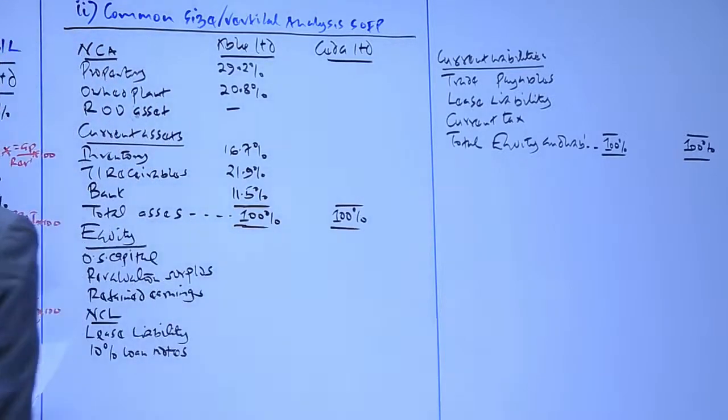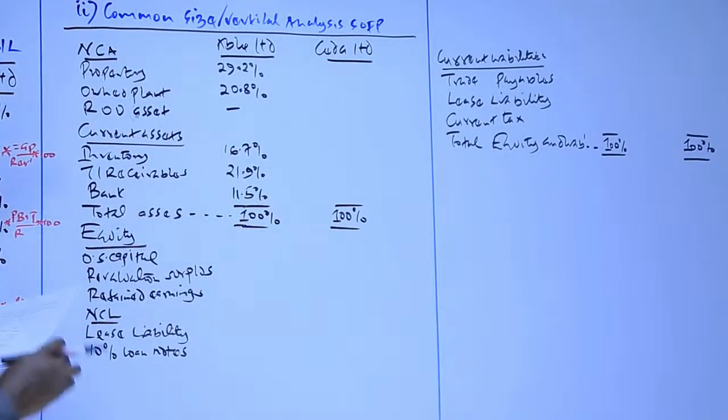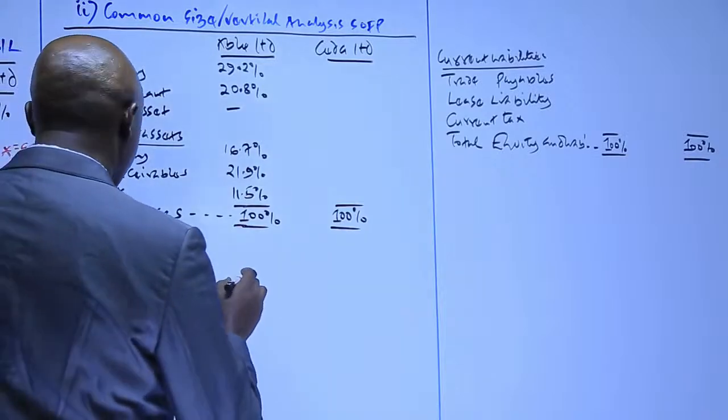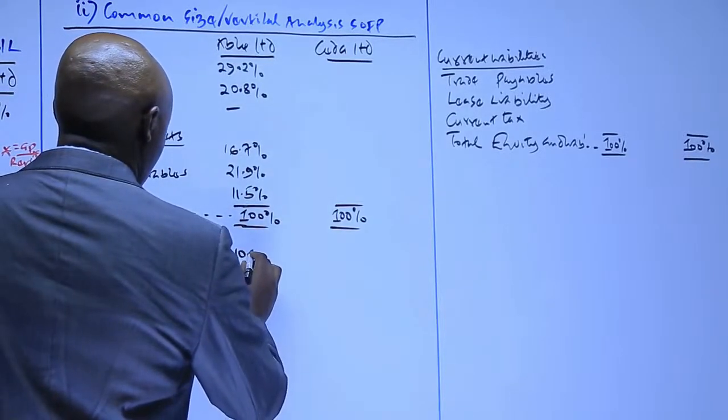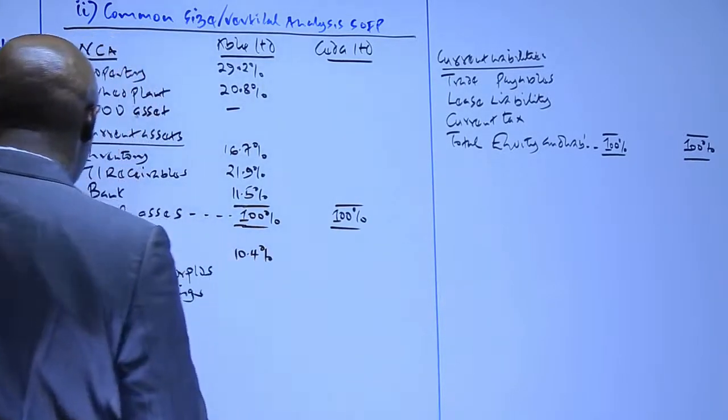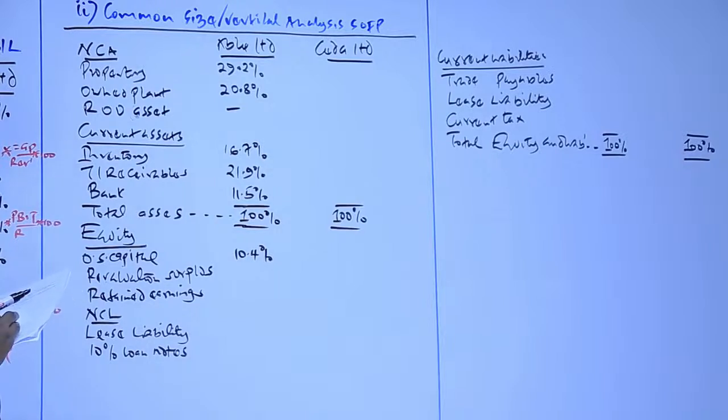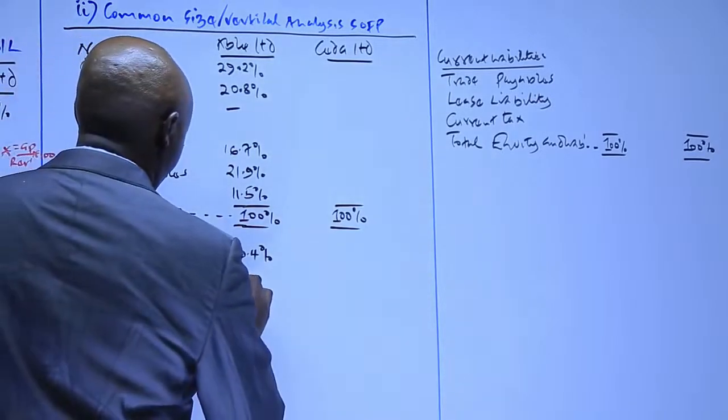So we need to do the same for the other items of equity and liabilities. Let's start with the ordinary share capital, 3,500 divided by 33,600, which will give us 10.4%. Then 1,750, the revaluation surplus, divided by 33,600, which will give us 5.2%.